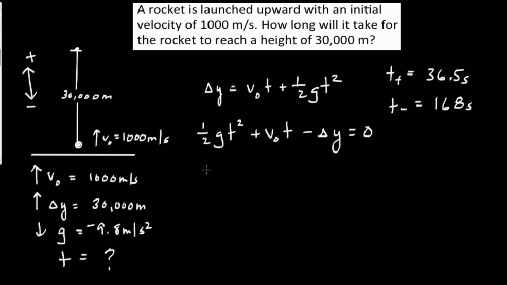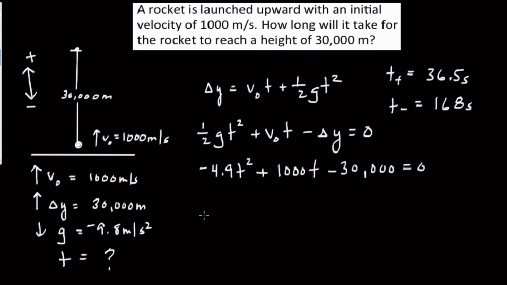I just have to be careful how I substitute into this equation here. 1/2 g is going to be 1/2 of negative 9.8, so it's going to be negative 4.9 t squared. V naught is 1,000, it's positive, minus delta y. Delta y is positive 30,000, so it's going to be minus 30,000, equals 0.